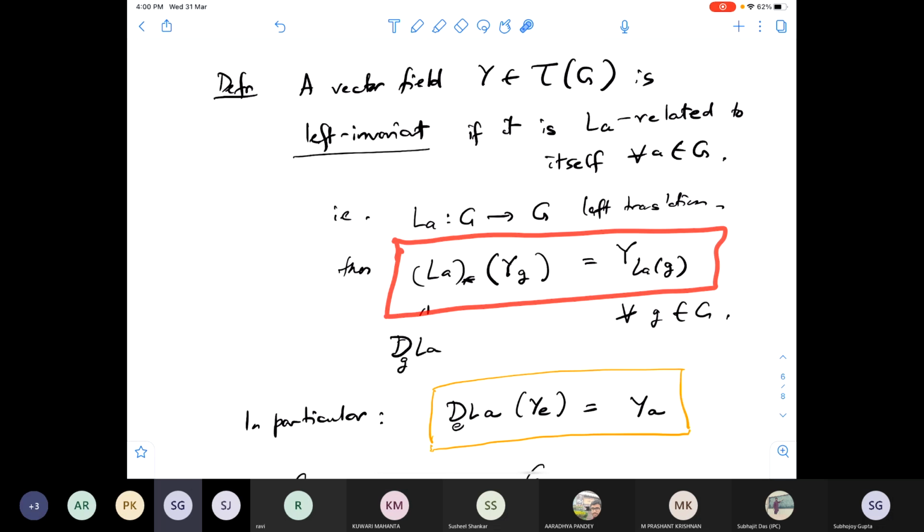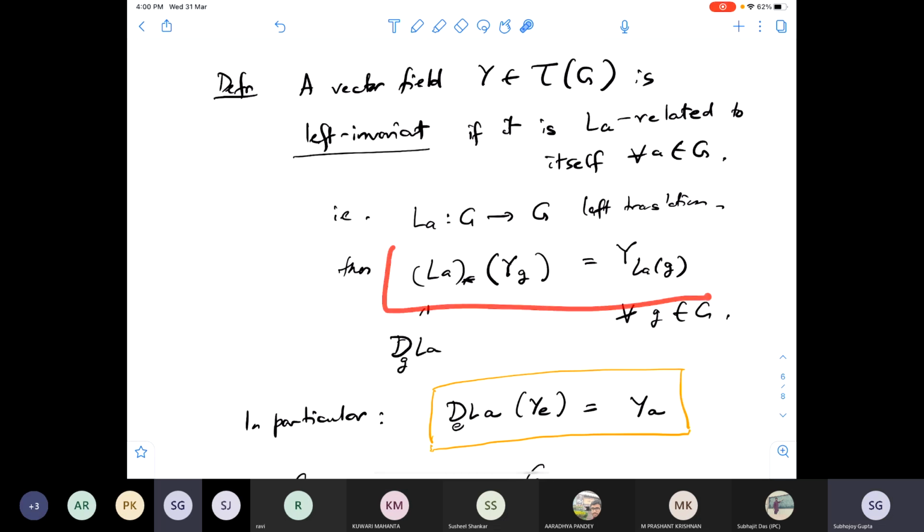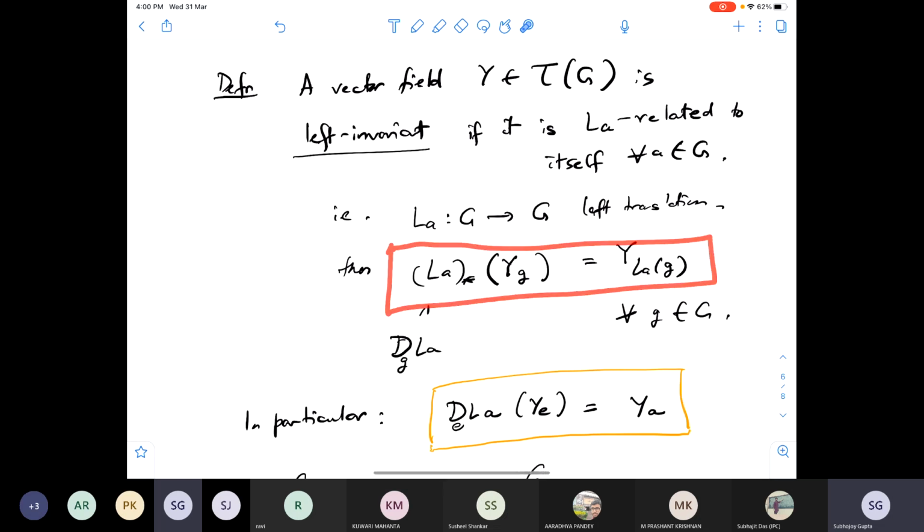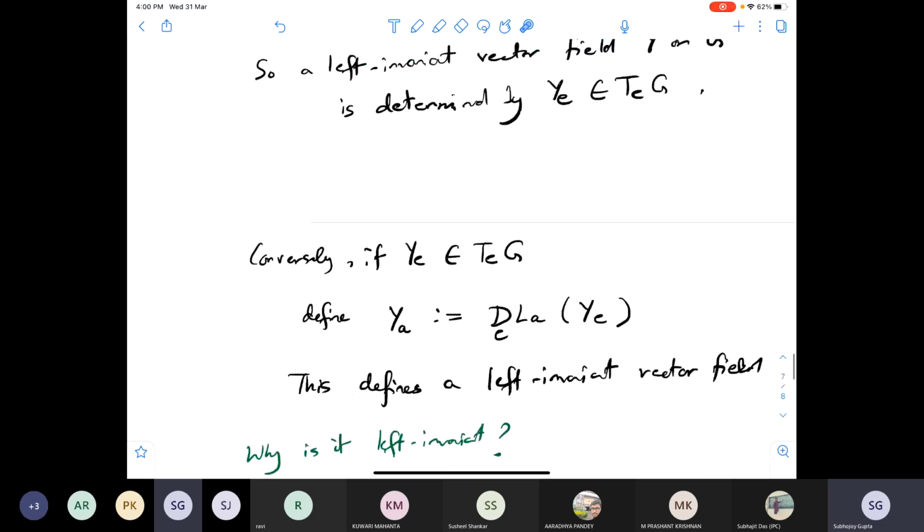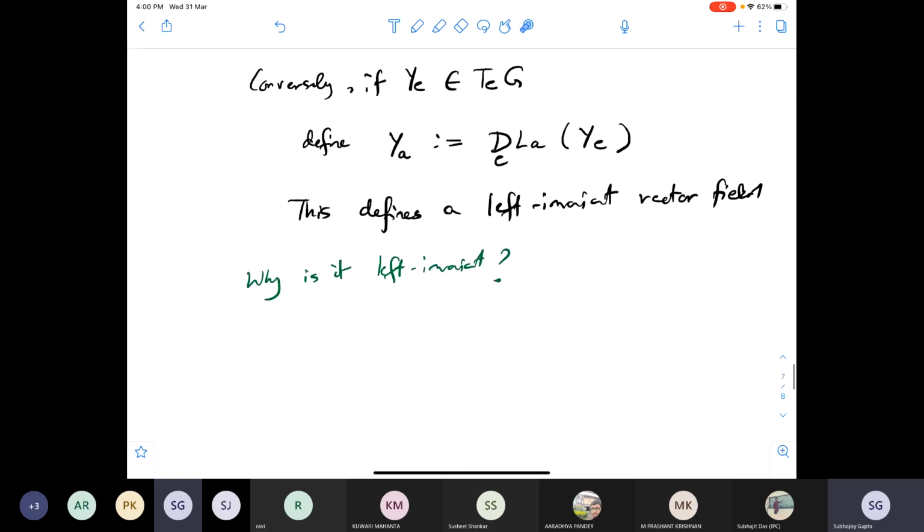We have checked it only for the identity element, so if G is equal to E, we've defined this, but we want to say that it actually holds everywhere. This is what left invariance actually demands, but it's enough to prove it for the identity element.